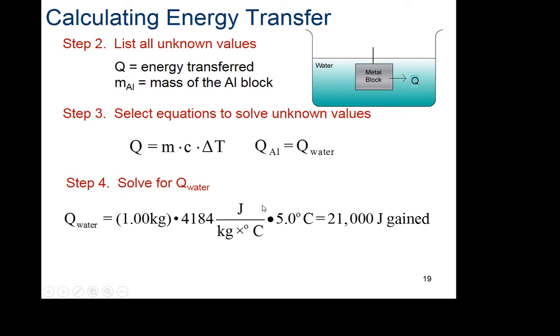The specific heat, and this is just a number that you look up on a chart somewhere, is 4,184 joules per kilogram. The change in temperature is 5 degrees. So that means the water gained 21,000 joules, which means our block lost 21,000 joules.